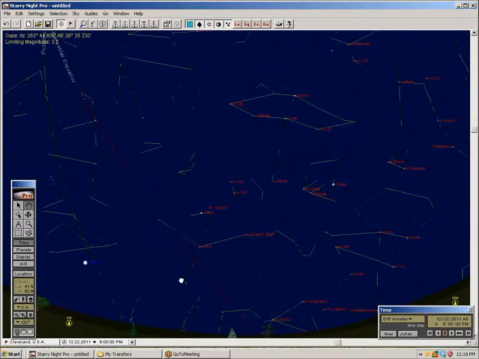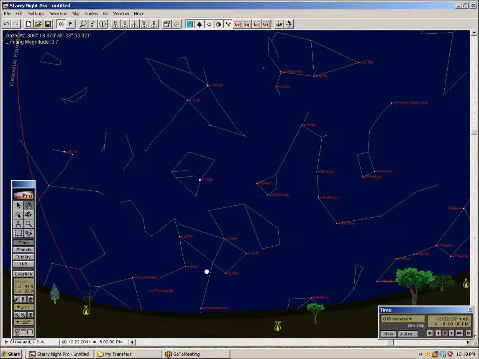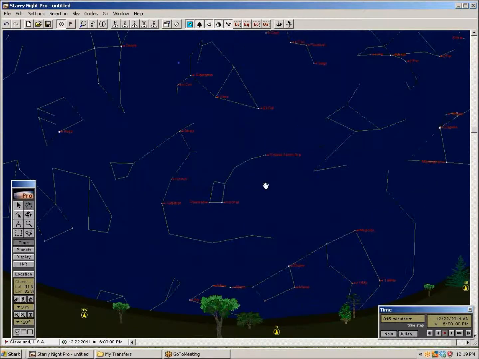Okay, so here we are. Here is the north view of the sky at 6 p.m. on December 22nd. This is Polaris, our North Star. This is the Little Dipper, the Little Bear, Ursa Minor.